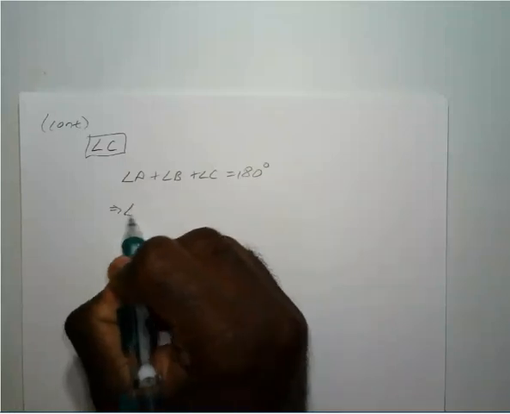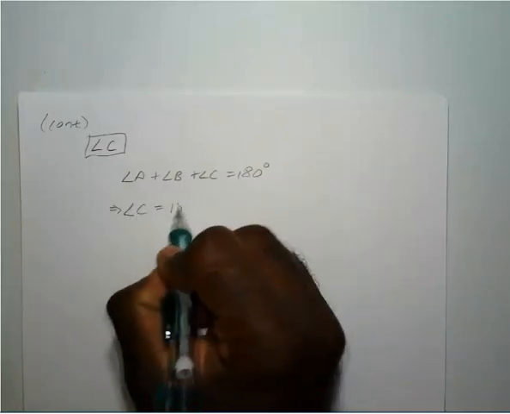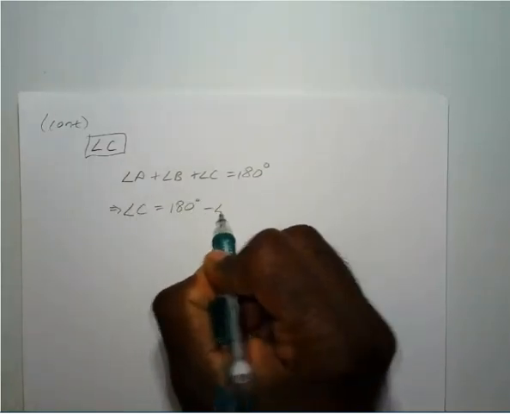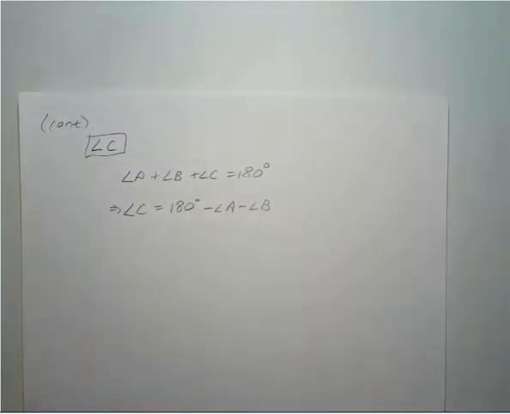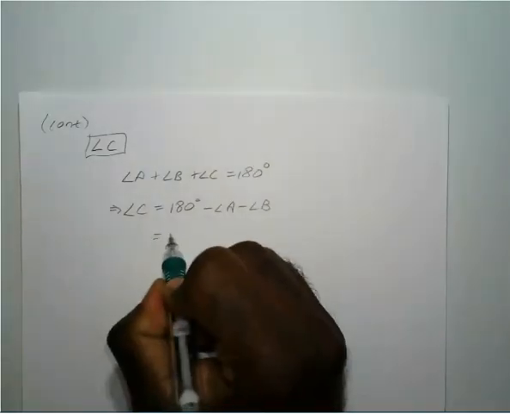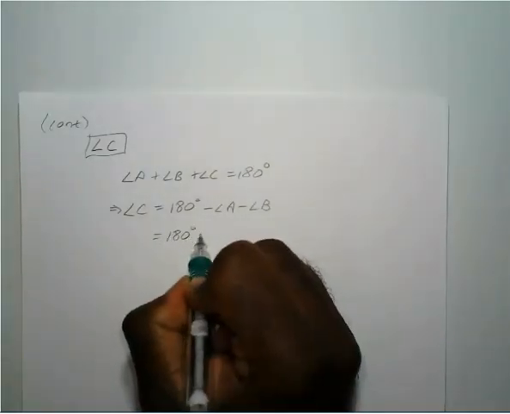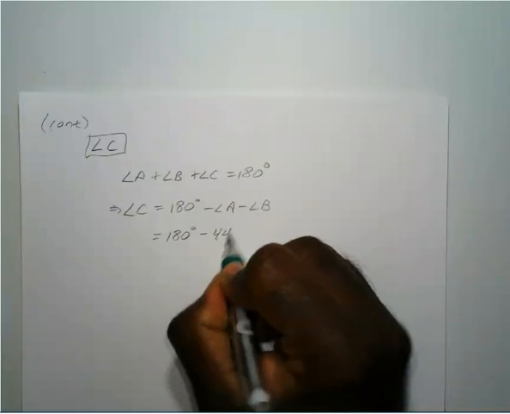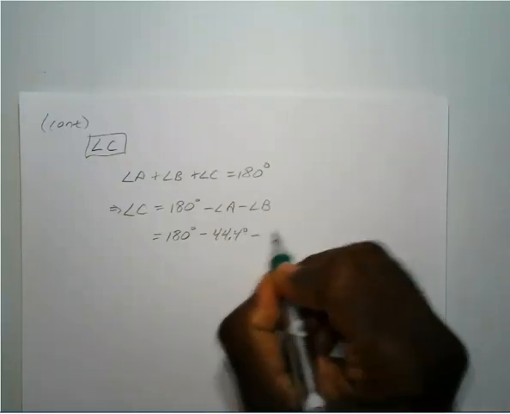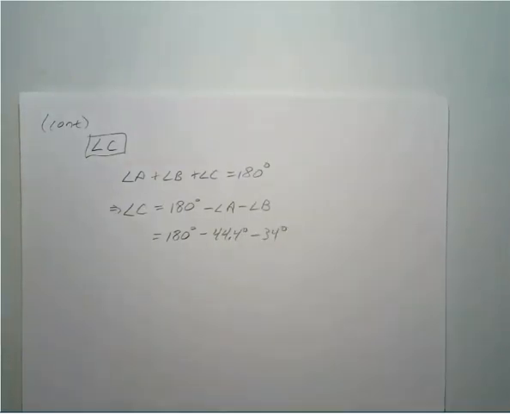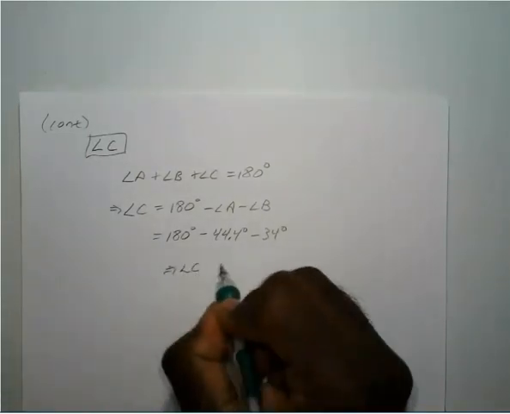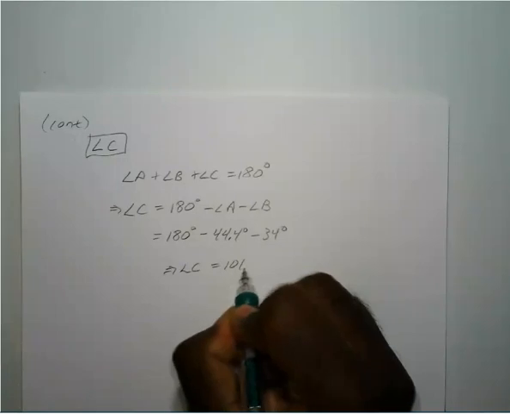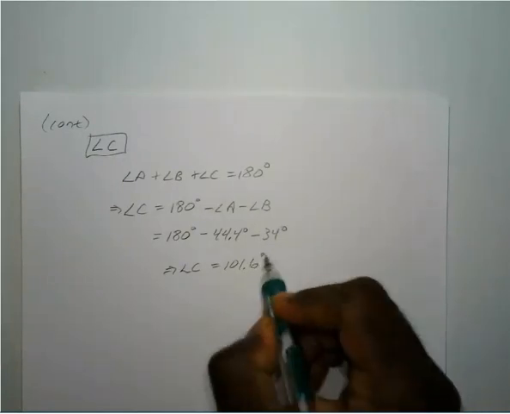So that means angle C would have to equal 180 degrees minus angle A minus angle B. That means it would have to be 180 degrees minus 44.4 degrees minus 34 degrees. So that means that angle C is equal to 101.6 degrees.